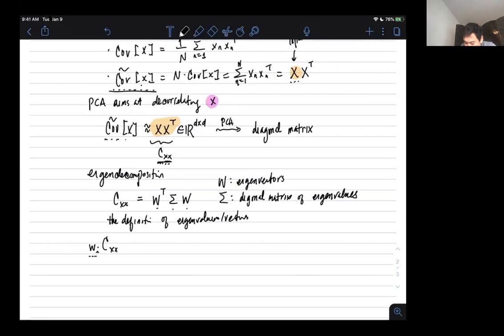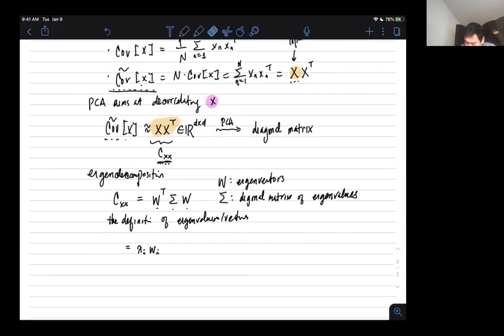If I multiply CXX with Wi, then what I end up with is, let me see, I have to be a bit careful about writing things here. What I'm going to get is the ith eigenvalue times the ith eigenvector. Do I need the transpose because it's going to be d by 1? Oops, I'm sorry, this should not be the transpose. I have to be a bit careful.